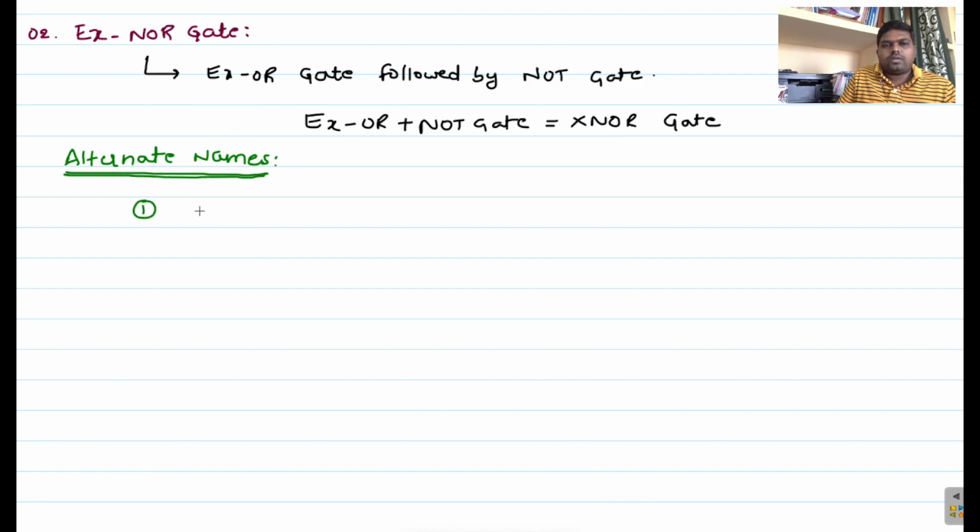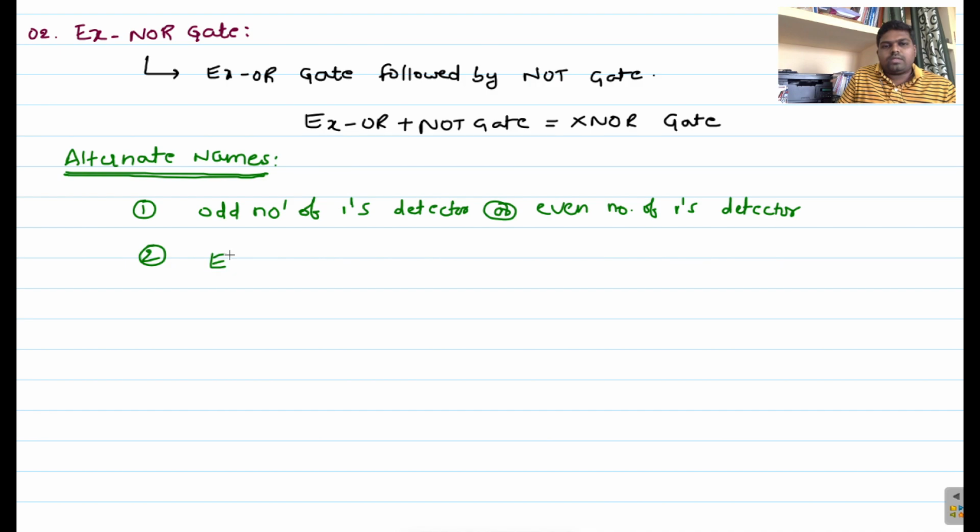First one is odd number of ones detector or even number of ones detector, and the second one is equivalence gate.